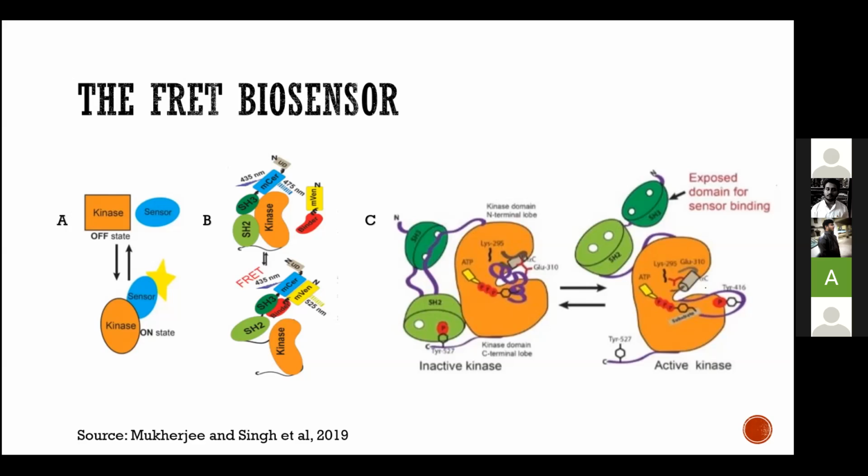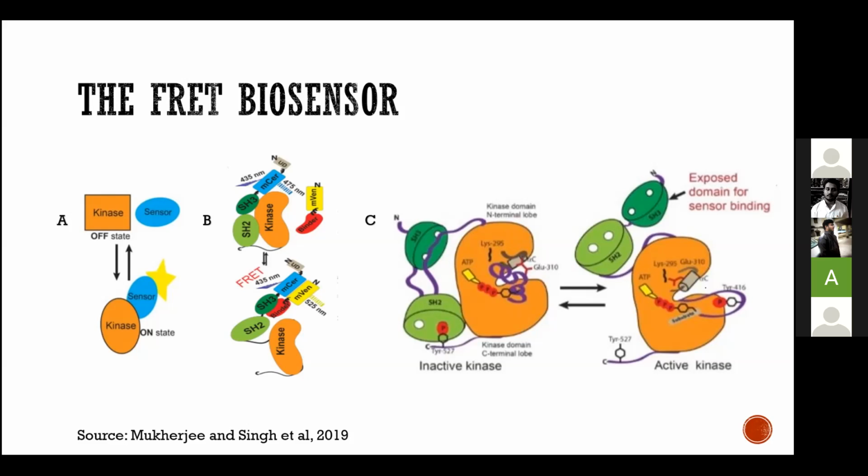The sensor comes and doesn't interact with it. This was the basic concept of making the sensor. Downwards, when the kinase is on, as in the SH3 domain of the kinase is exposed, it binds to the sensor and the sensor glows. This was the very basic idea of it.